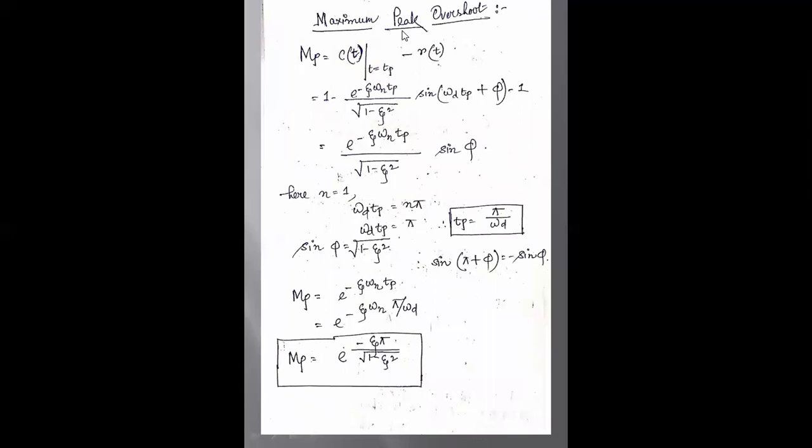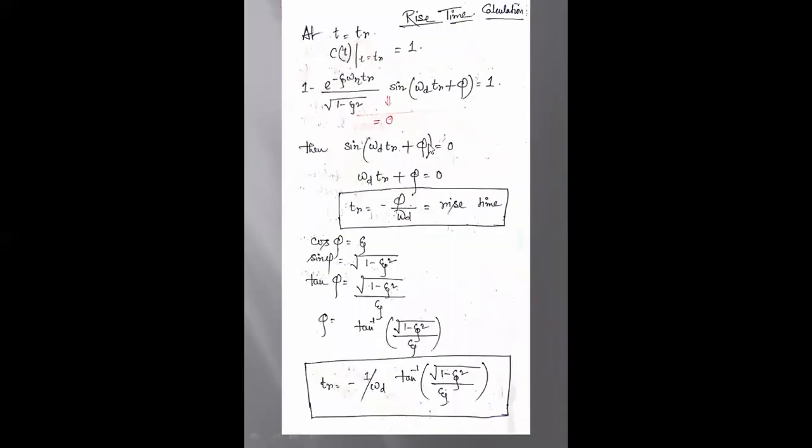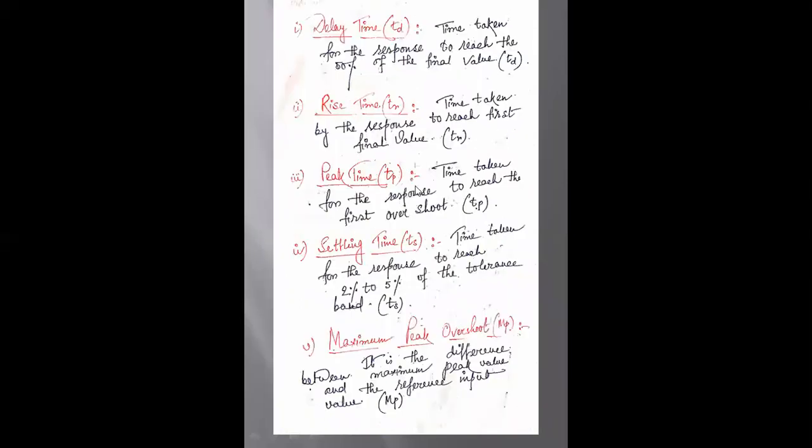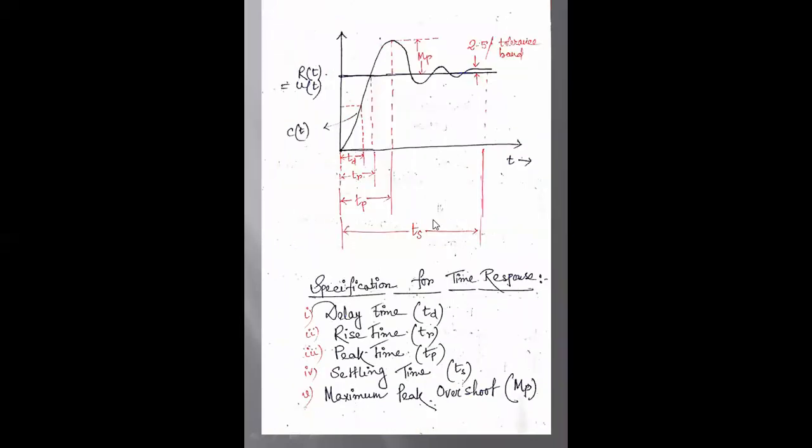Another is the maximum peak overshoot. For the calculation of the maximum peak overshoot, Mp is the output c(t) at t equal to Tp minus r(t). Because the maximum peak overshoot is the difference between the maximum peak value and the reference input value.